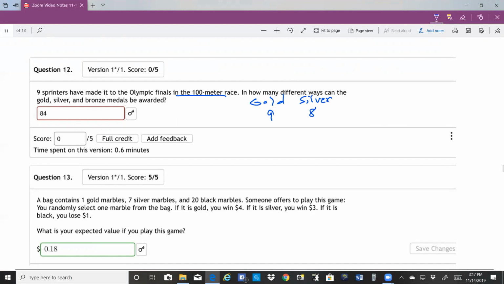And then for the bronze, you have 7 possibilities. So the total is equal to 9 times 8 times 7 equals 504 possible ways of awarding the medals. This number was incorrect. It's 504.